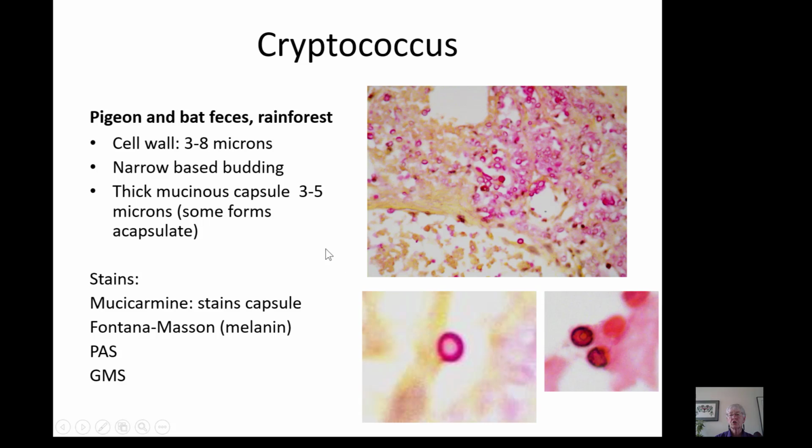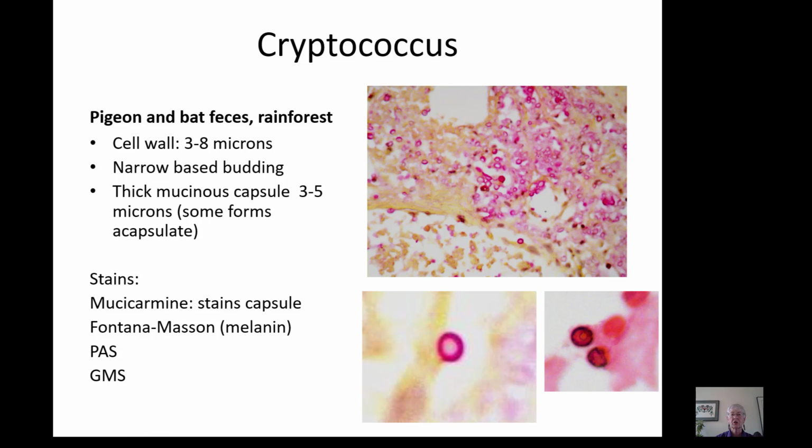You can take advantage of the capsule because it stains with mucicarmine. Occasionally, one can find melanin within the wall of the organism, and this can be accentuated by a Fontana-Masson or another melanin-type stain. The usual fungal stains are quite important in the identification of the organism.